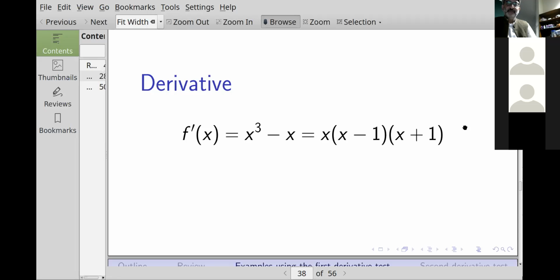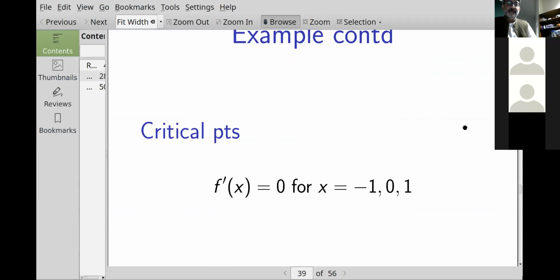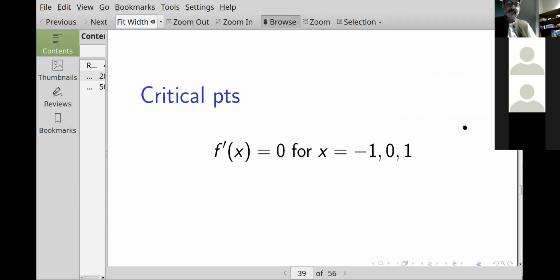That's x times x minus 1 times x plus 1. The derivative will be equal to 0 when x is equal to 0, x equals 1, or x equals minus 1. So the critical points are x equals minus 1, 0, and 1. There are no other critical points.